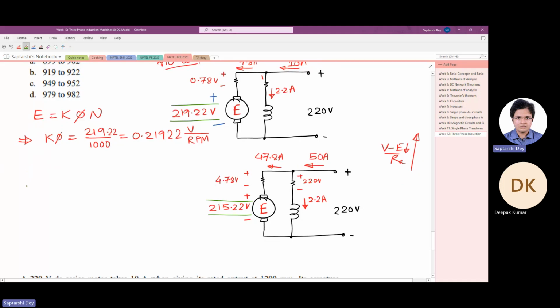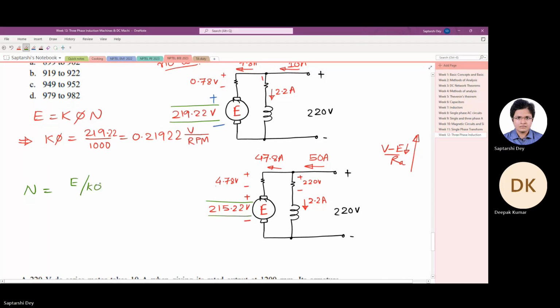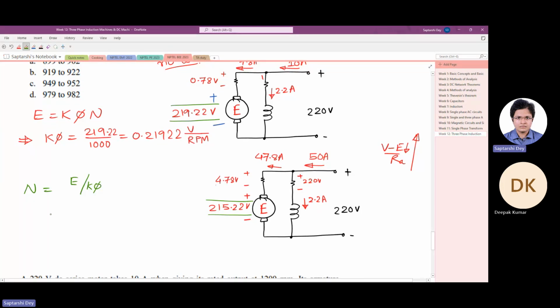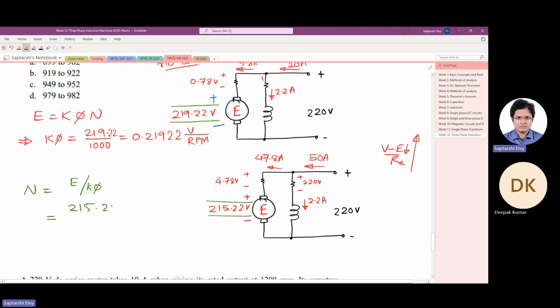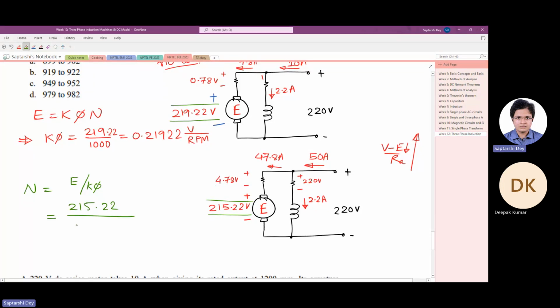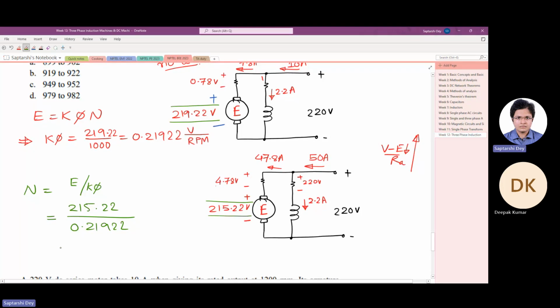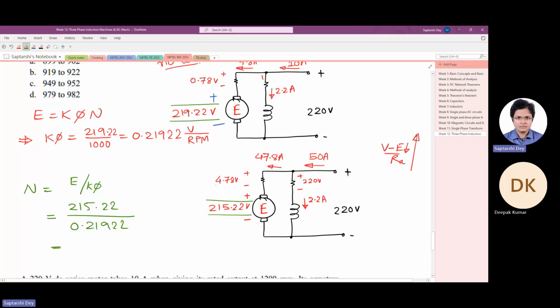Now we can find out the speed. E is k phi n, so n is E by k phi. Our k phi is volt per rpm, so what we will get is directly in rpm: 215.22 by 0.21922, which will give you a speed of 981.7, say 982 rpm.